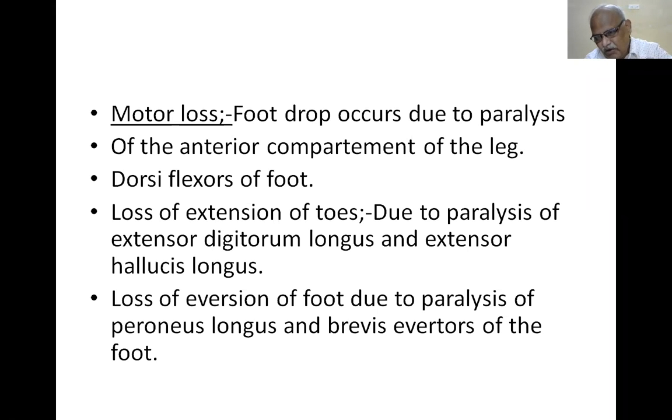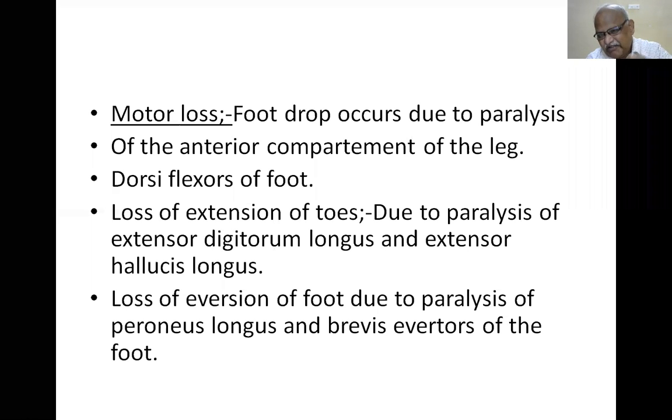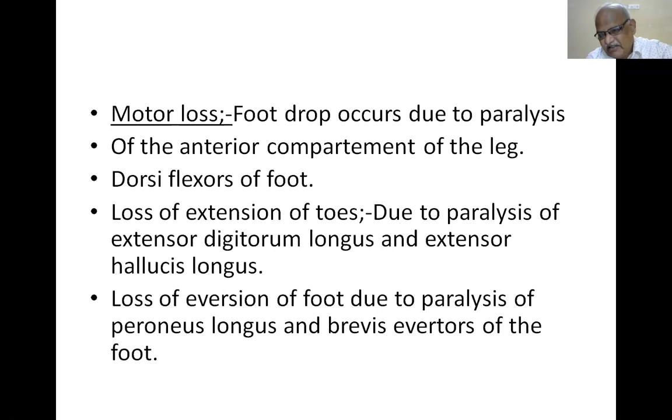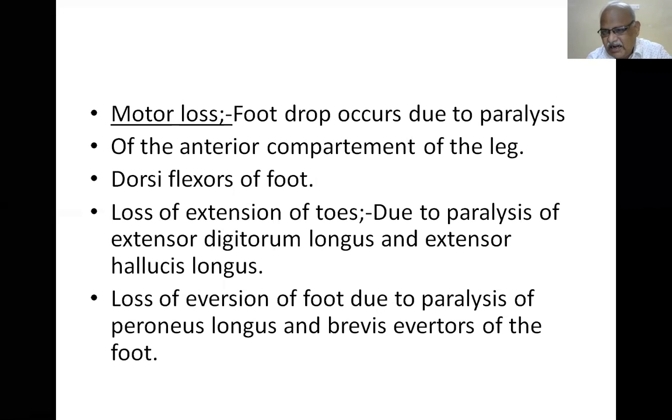You have to observe the similarity between the common peroneal nerve and the radial nerve: radial nerve in the arm, common peroneal nerve in the leg. Both correspond with each other in function. That is extensor, this is also extensor.